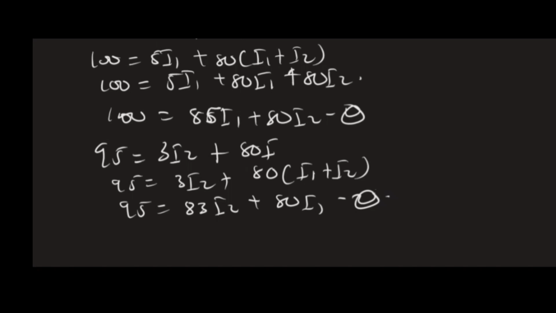So I have my 80, 83, then 95. Then I also have 85, 80, then 100. So I have my I1 to be equal to 1.069, which is 1.07 amperes.